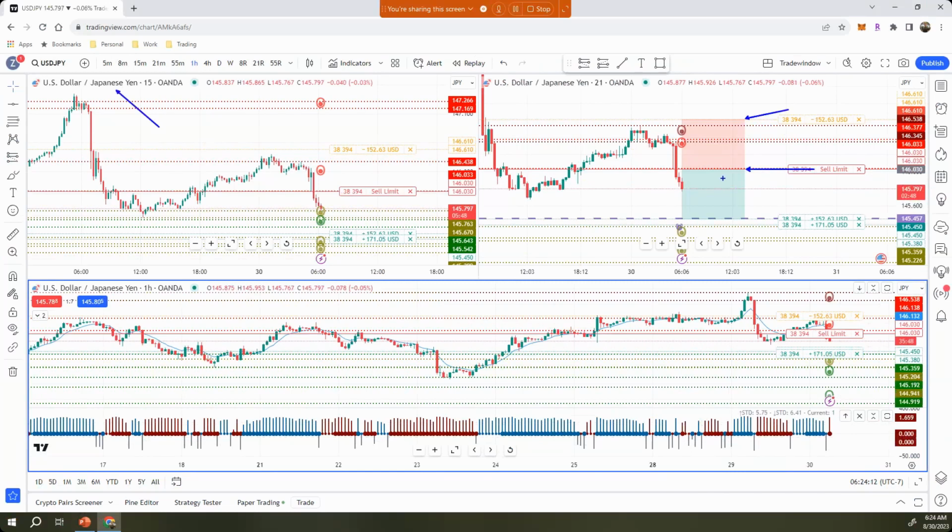Stop is at 146.610. T1 is at this 145.45 area, and T2 is 145.38. So that's our overall setup, mainly because, again, our indicators are saying that this is the way to go, and that's why we're taking it to that side.